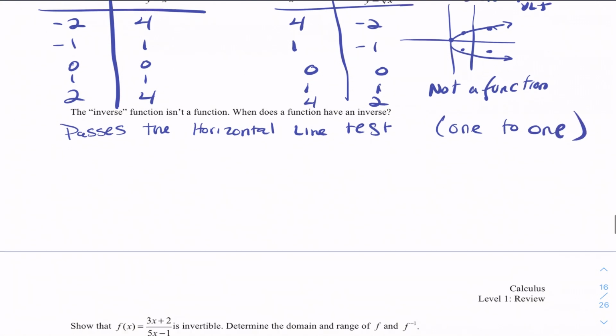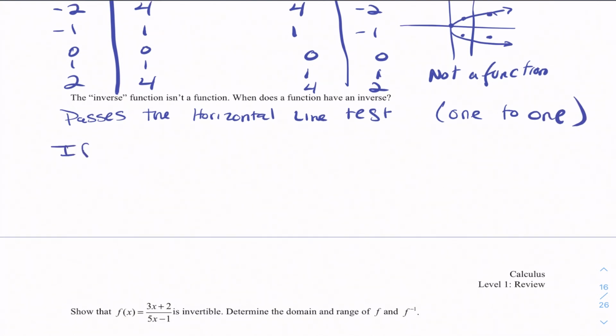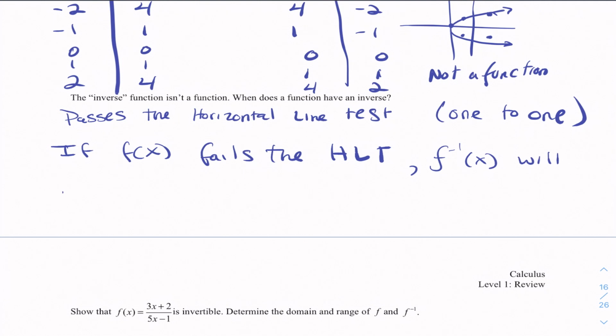I'm just going to write down what I have in my notes. We will say if f of x fails the HLT, horizontal line test, f inverse will fail the vertical line test. So that's how you tell if something is invertible or not.